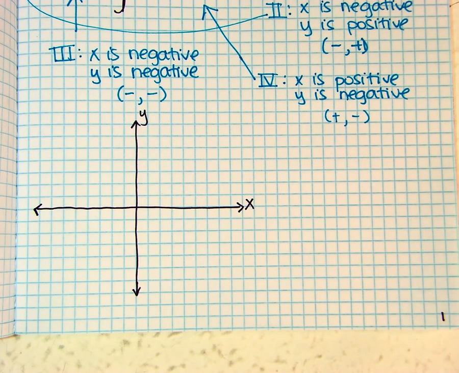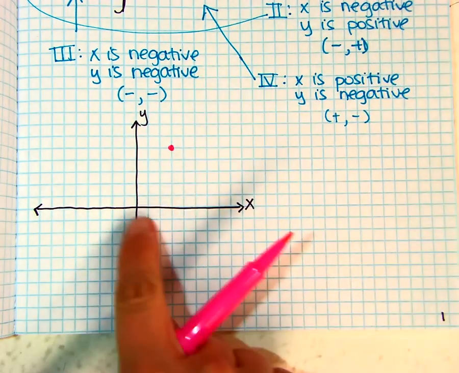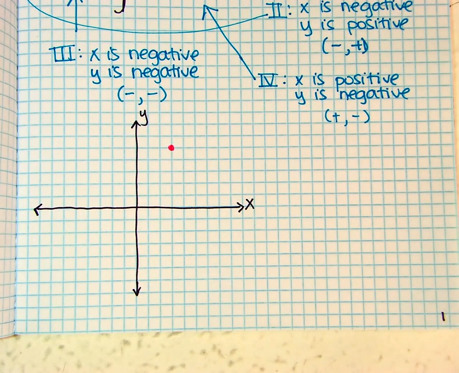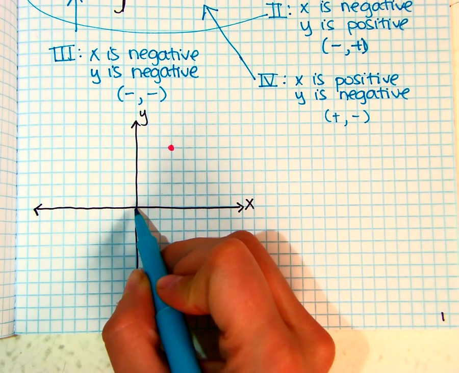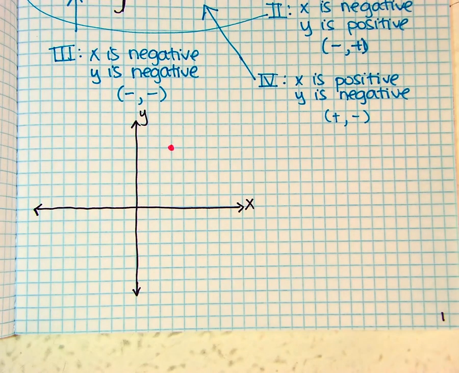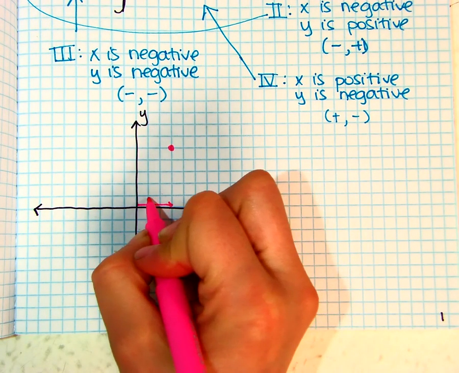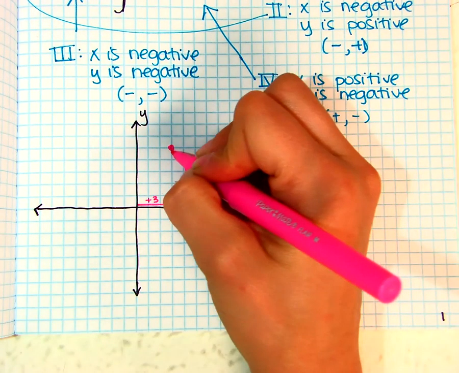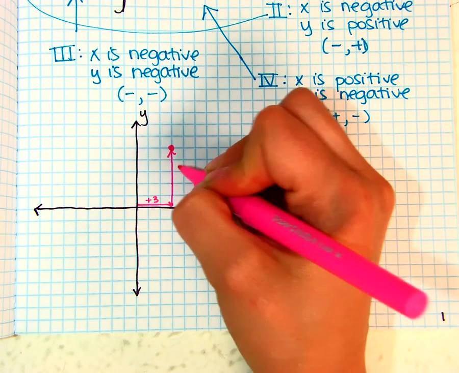So if I put this point right here, and we're just going to use the graph paper to say its lines. To count over, I always do my x first. So this point, we would go right 3, so plus 3. And then up 1, 2, 3, 4, 5, so plus 5.